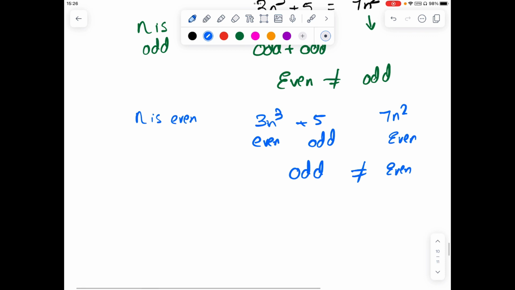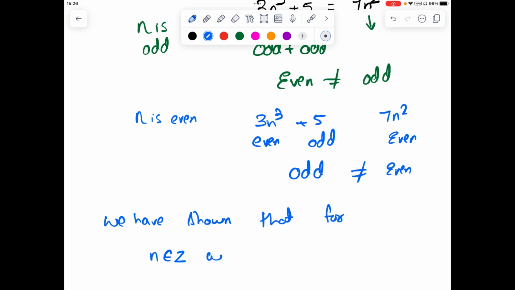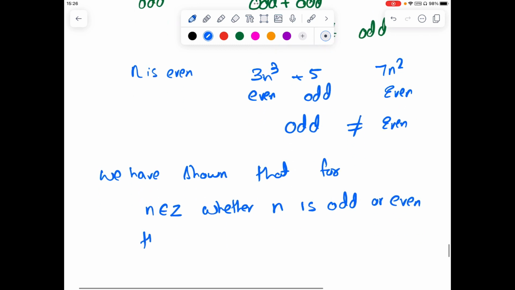So what we have shown is that for n belongs to z, whether n is odd or even, the equation is not satisfied. Hence there is a contradiction.